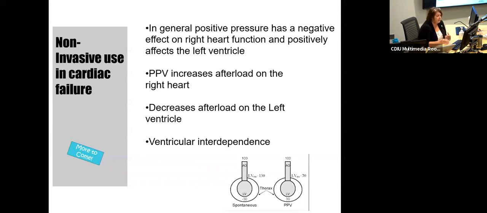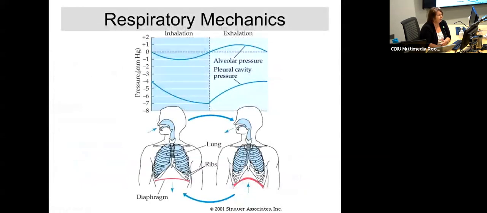So it's a balance. We're not going to talk about ventricular interdependence, but just remember that what happens on the right side of your heart and what happens on the left side of your heart, the two affect each other. We'll keep it very, very simple.